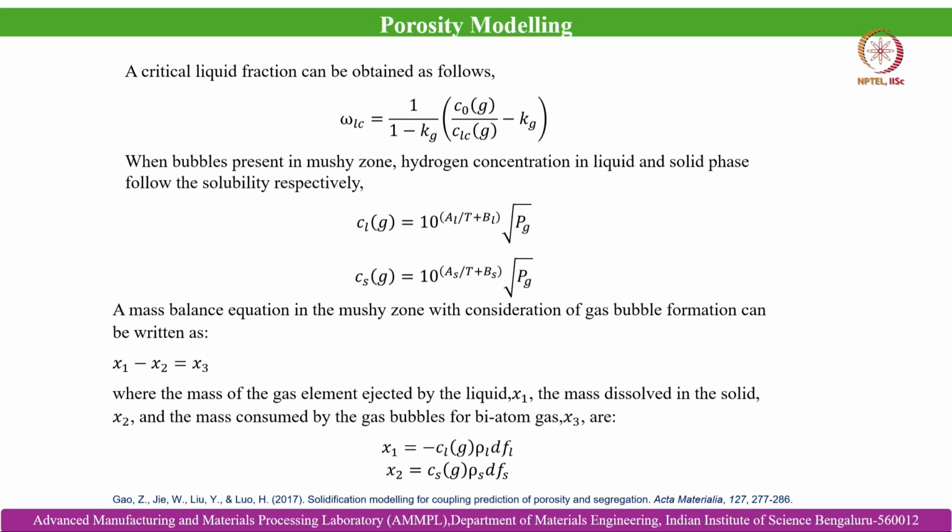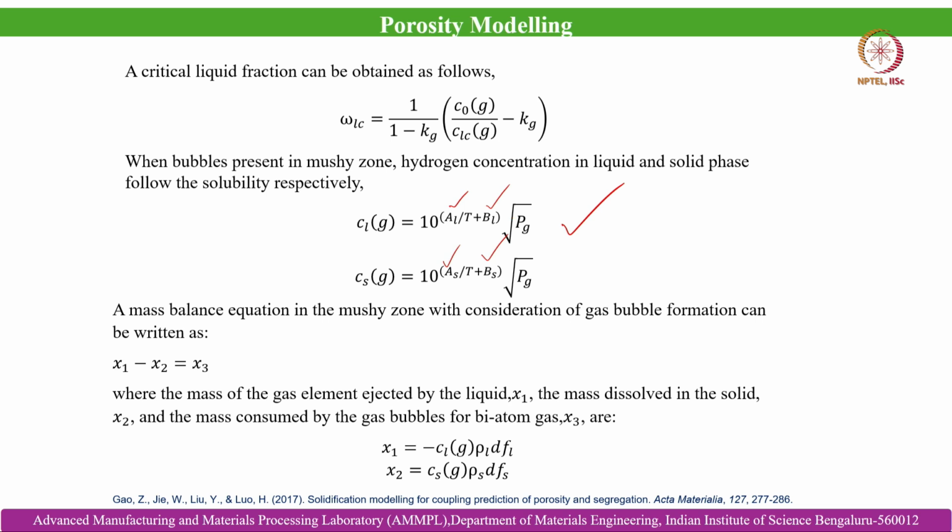So, C L g is equal to 10 to the power A L by T plus B L, into root over Pg, the supersaturation gas pressure, and C S g is equal to 10 to the power A S by T plus B S, into root over Pg, where A L, B L, A S and B S are all constants corresponding to the liquid and solid phases.